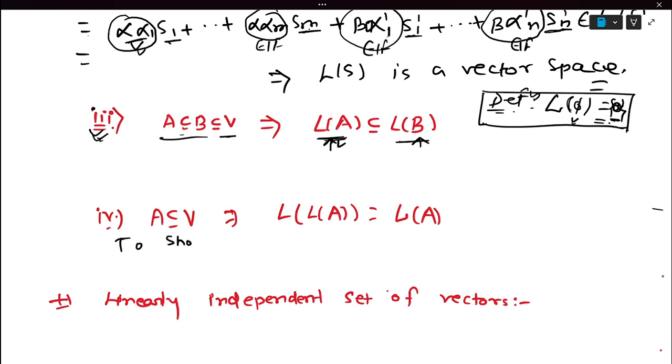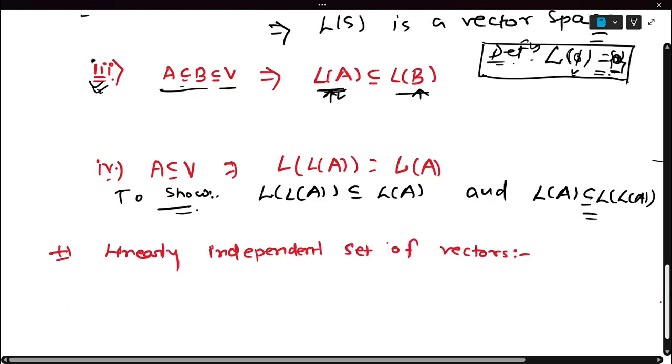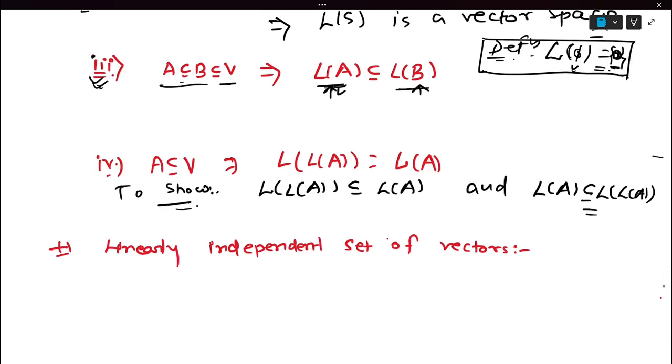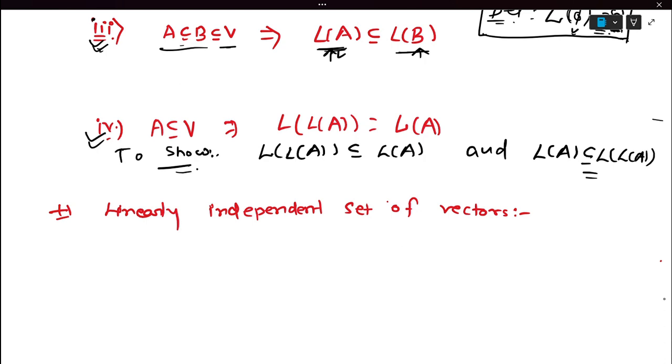To show what is to show: L of A contained in L of B. These are the statements we have to prove. But this can also be proved in a very efficient manner.